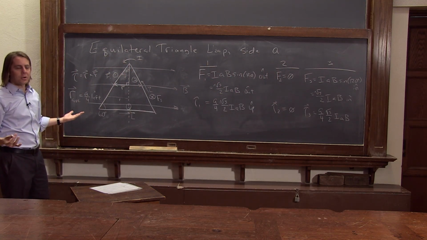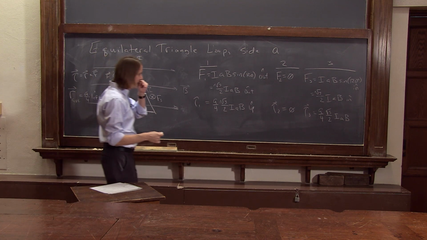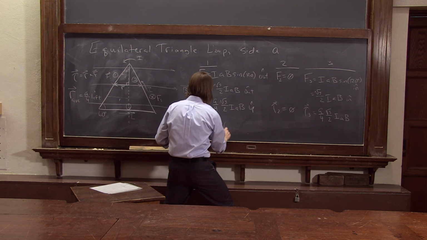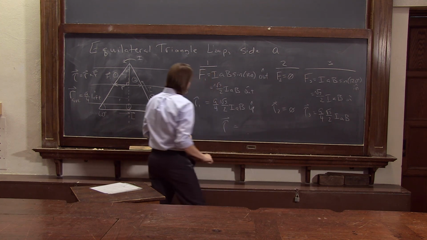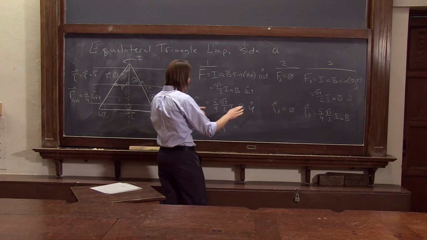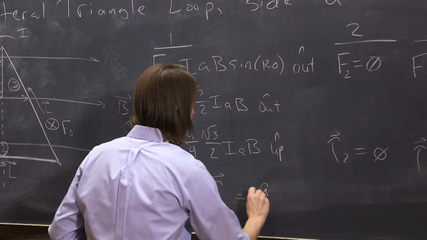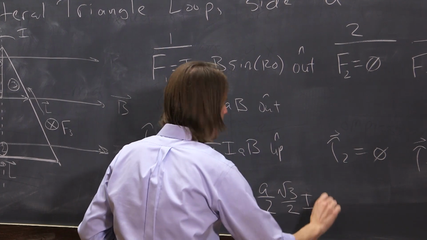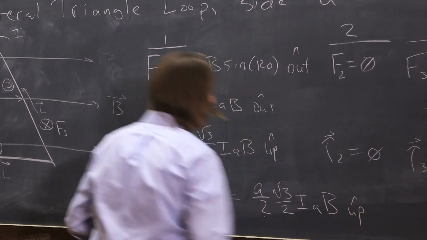So what's the total torque? Add up the torques. So if we add them up, let's see if I can get this reasonably correct here in my head. If we add these two up, then those 4s are going to become a 2. So it's A over 2 square root of 3 over 2 iAB up.